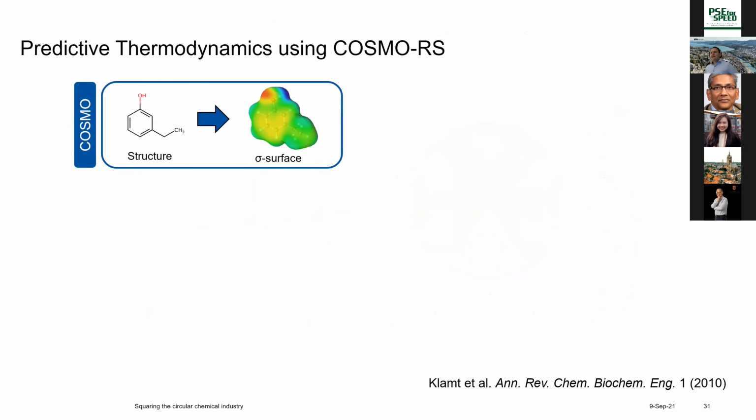What's the COSMO-RS model? Very briefly, this is a quantum chemistry-based model. And basically, it's again a thermodynamic model, and the input the model needs is just the structure of the molecule we are studying. And then what you're doing is a so-called COSMO calculation, which is a quantum chemistry calculation, a so-called DFT, density functional theory calculation.